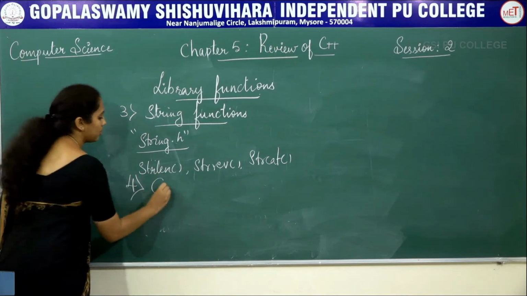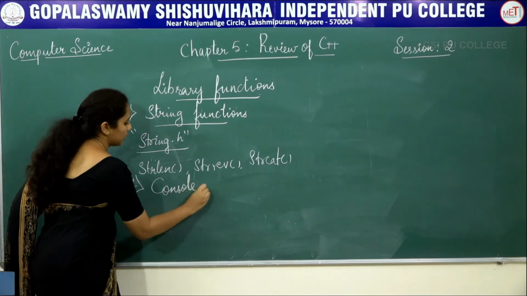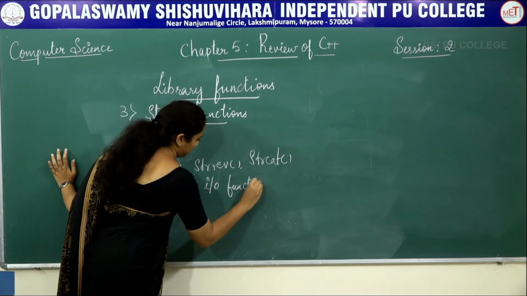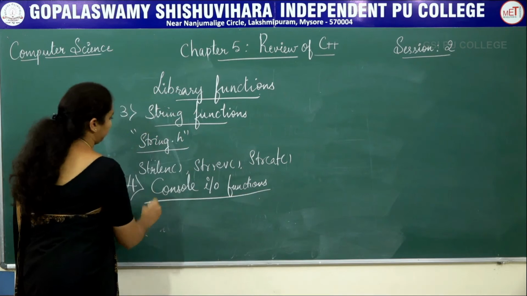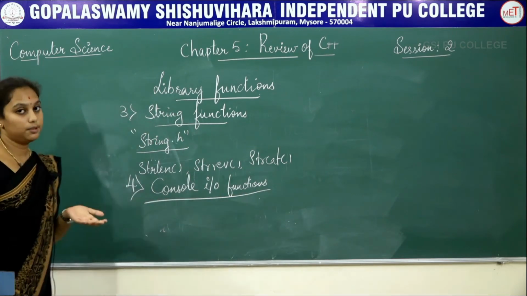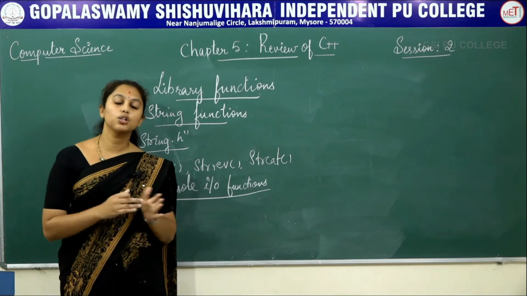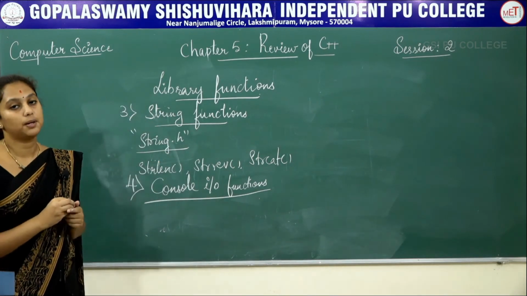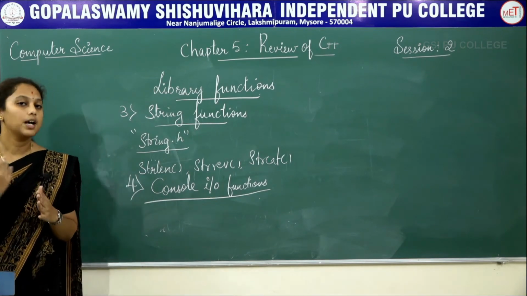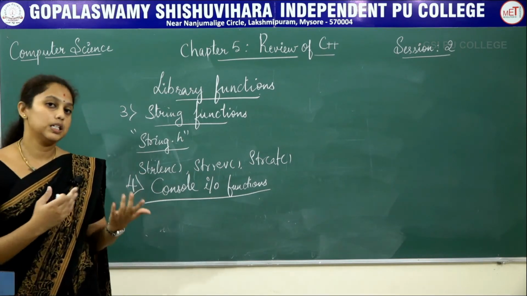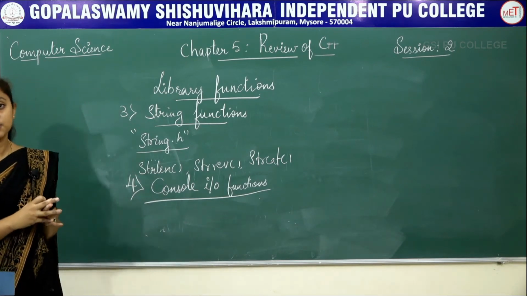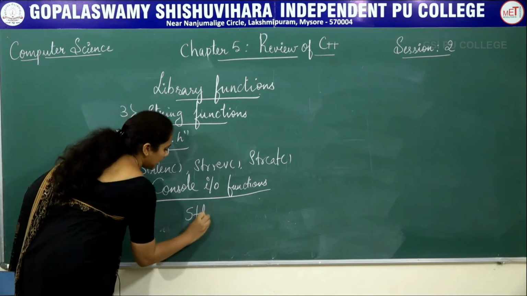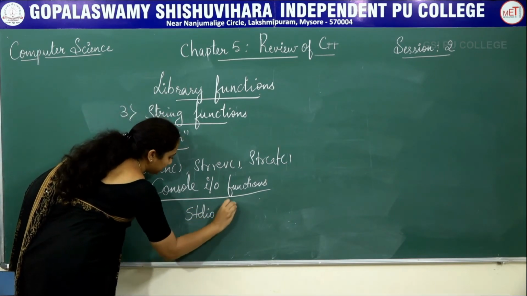The last type is console input and output functions. What are console input and output functions? Console input and output functions are used to accept input from the standard input device, compute and send the result to the standard output device for display. Here we are going to use the stdio.h header file.